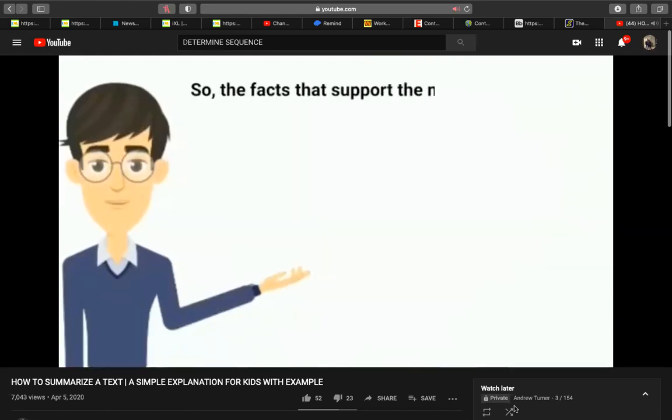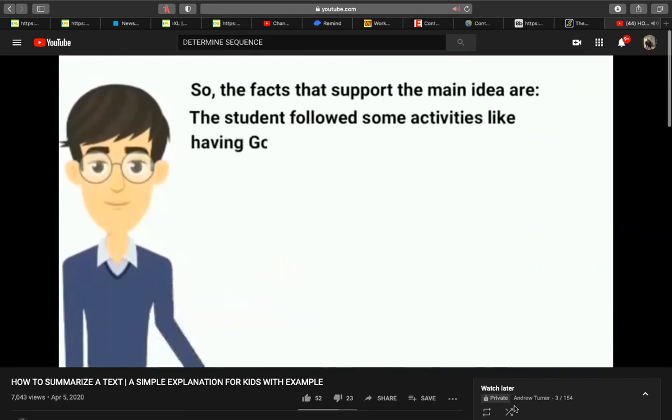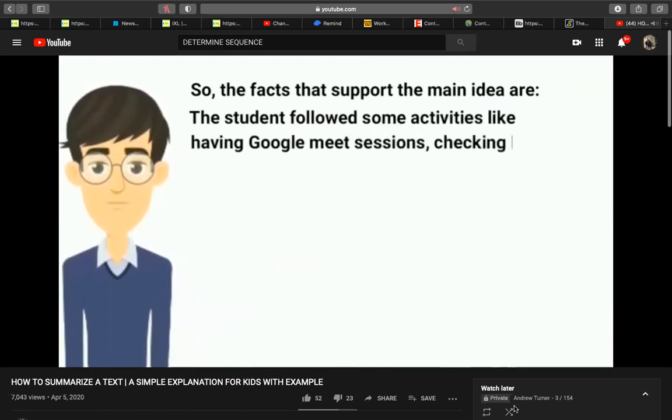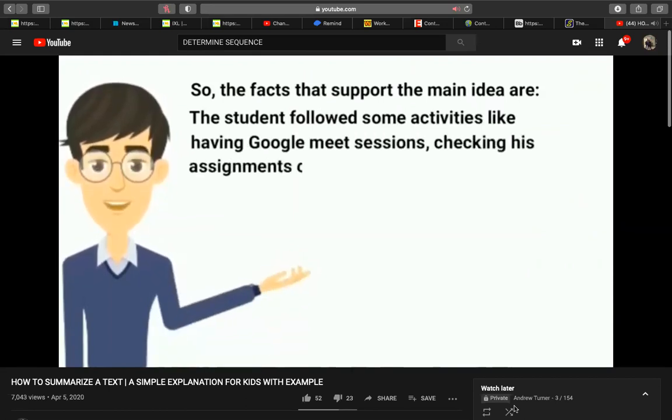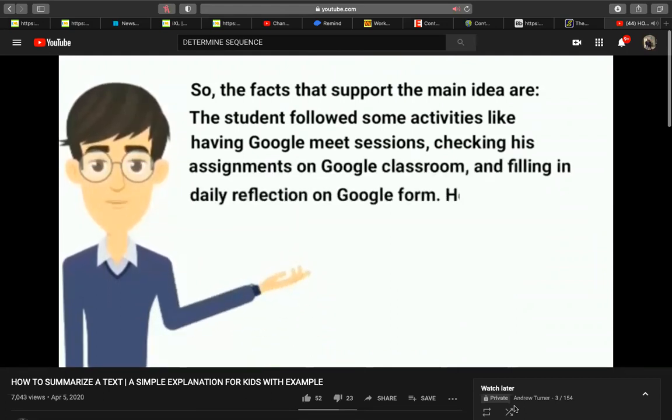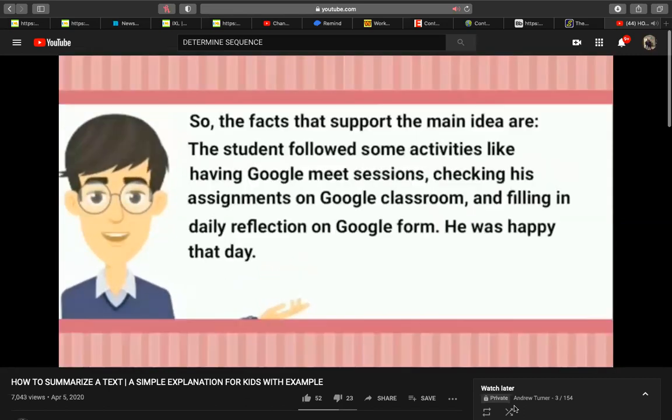So the facts that support the main idea are: the student followed some activities like having Google Meet sessions, checking his assignments on Google Classroom, and filling in daily reflection on Google Forms. He was happy that day.